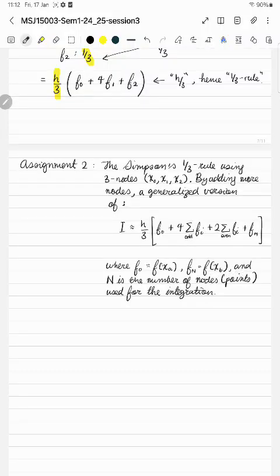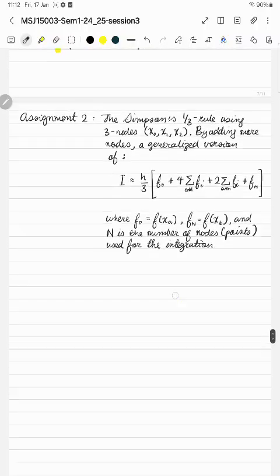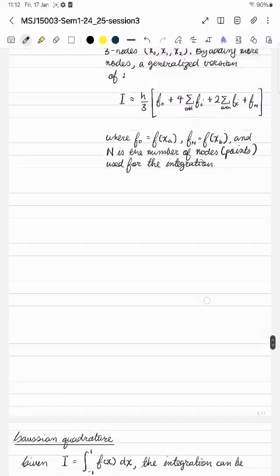So the second assignment will be for you to show that these terms came up when you integrate for the whole domain. So prove it. This will be a handwritten assignment.